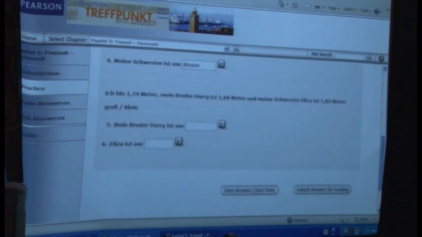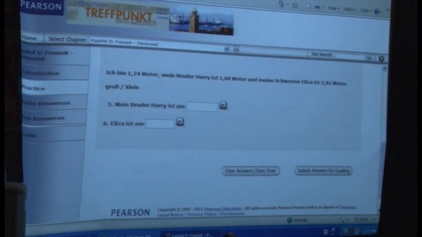Gut. Und dann haben wir, oh ja, wie groß wir alle sind. Ich bin 1,74 Meter. Mein Bruder Harry ist 1,68 Meter. Meine Schwester Lisa ist 1,82 Meter. Oh, Lisa ist sehr groß, 1,82 Meter. That's 6 feet. So you have a very tall sister there.